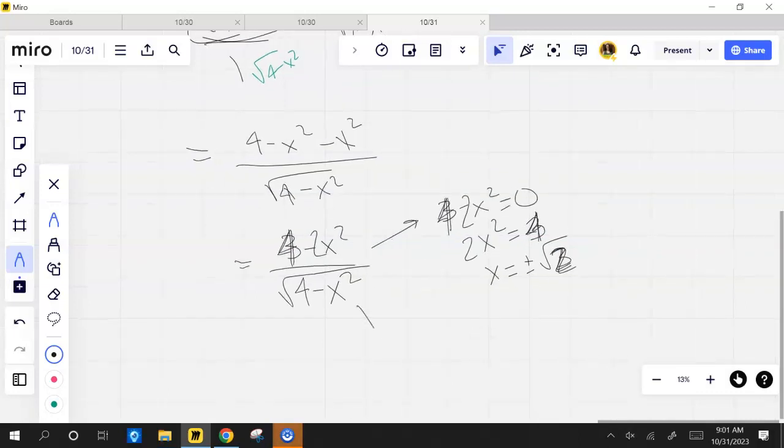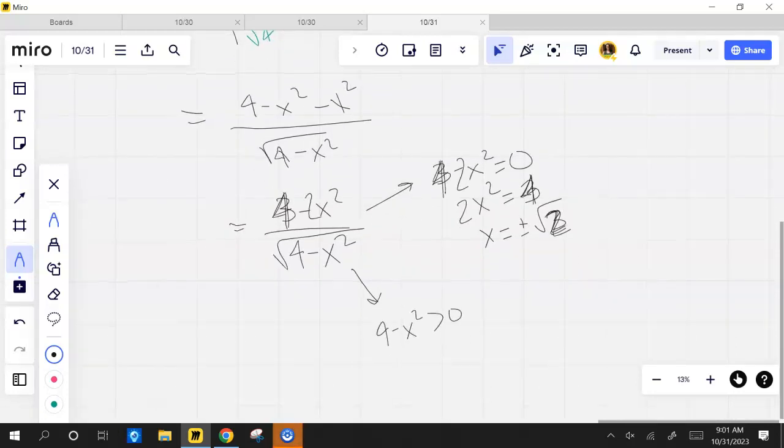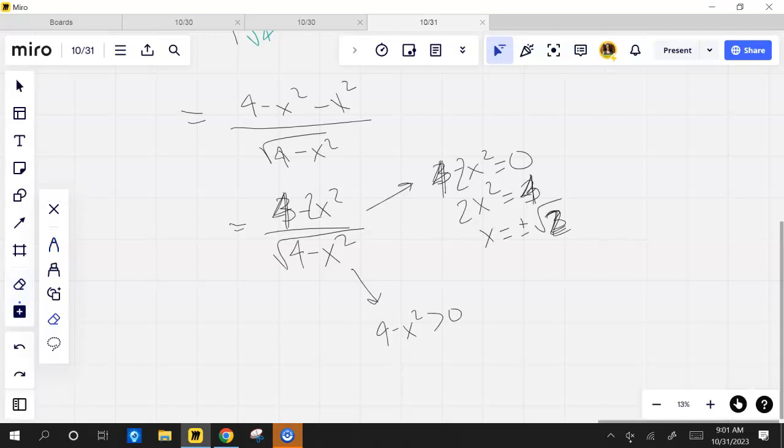All right, how about the bottom? This has got to be greater than 0. It is, or well, if it's equal to, actually, I don't need it to be greater. I just need to know where it equals 0. I already know where it's greater than. I did that in the beginning, right?